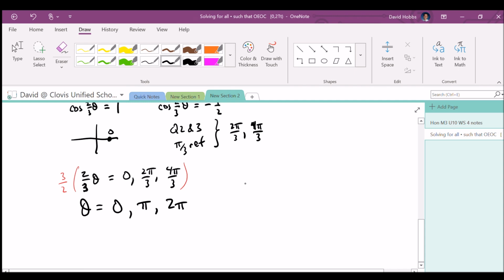Okay, now remember, we only want the thetas such that we're between 0 and 2 pi, but the 2 pi is being excluded. Therefore, we really only want the 0 and the pi.